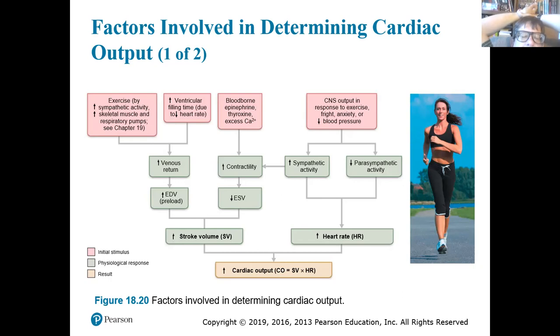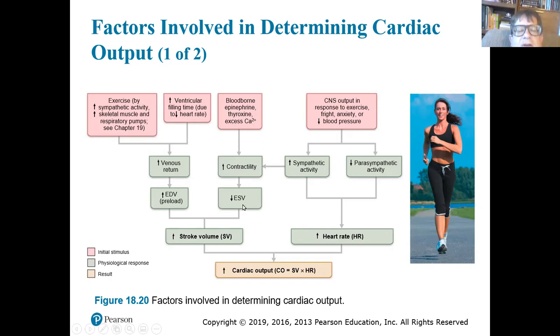You could preload the heart by having a larger volume when you're at rest. That's end diastolic volume being increased, which is on the flow chart. You could use chemicals that make the heart more contractile: epinephrine, adrenaline, thyroxine, or having excess levels of calcium. All of those can make the heart more contractile.